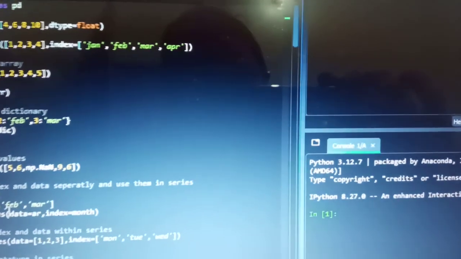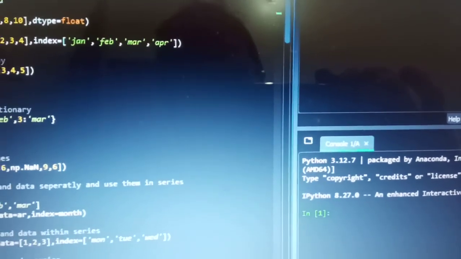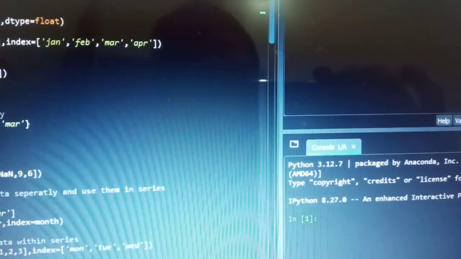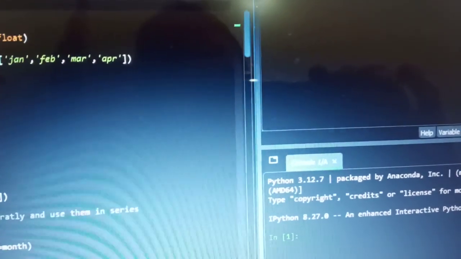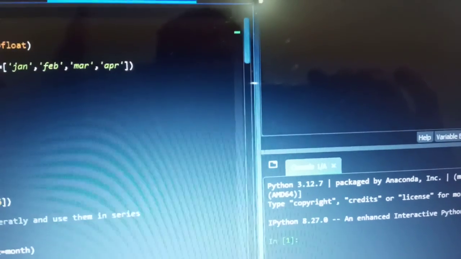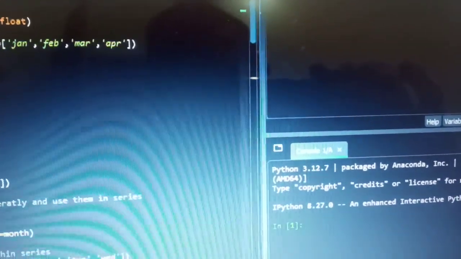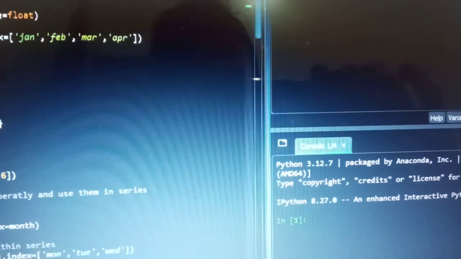If the operands are strings, then it will concatenate the strings. And the asterisk sign is used for multiplication, single asterisk sign, and it repeats the items on the left side of the operator if the first operand is a string and the second operand is an integer value. It is used to repeat the string also.